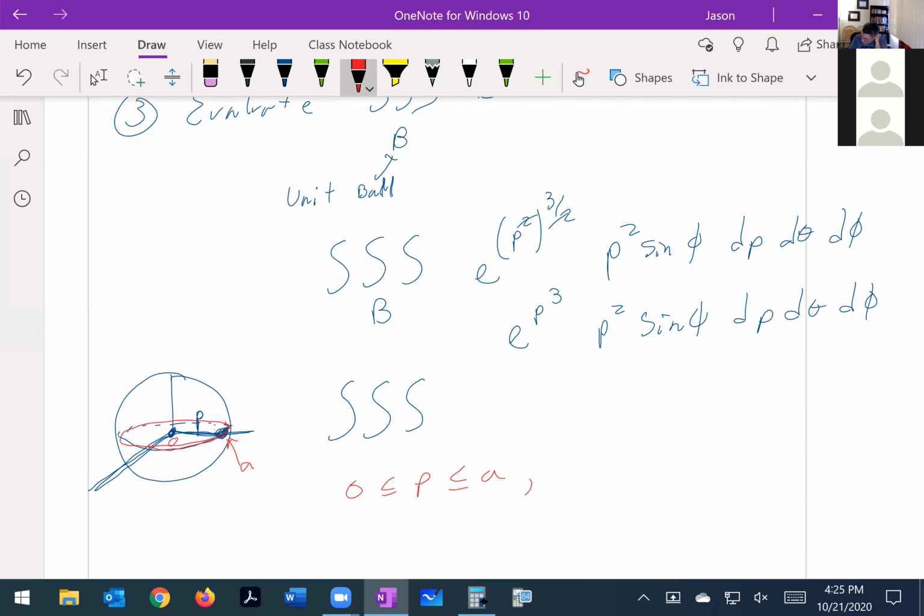What is theta going from? Theta goes from 0 to 2 pi. But what does phi go from? 0 to pi. Why is that? Just because you read the book?